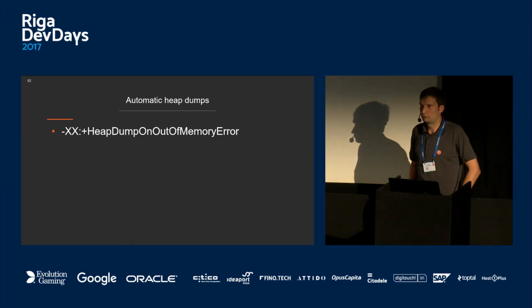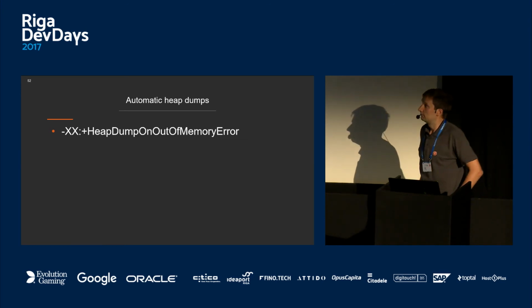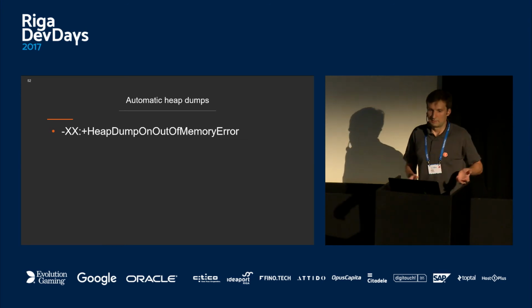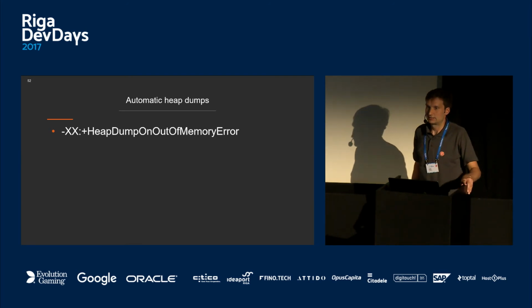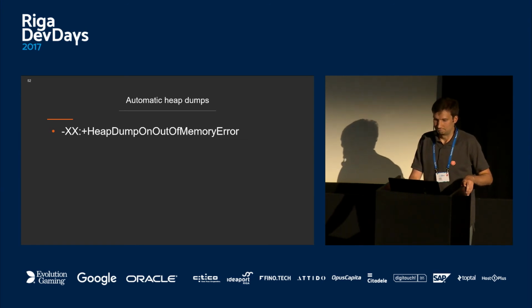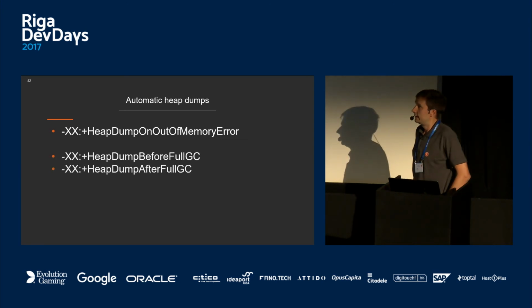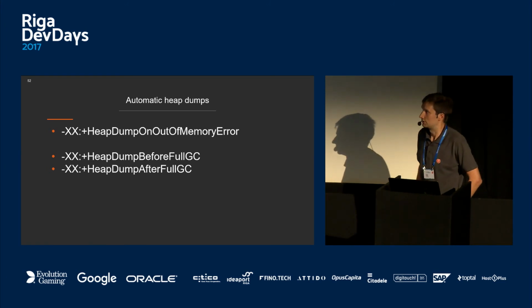While you can always create heap dumps manually using jmap, sometimes it is good to make a JVM dump heap automatically. The typical case is an out-of-memory error. Another useful case is full garbage collection.